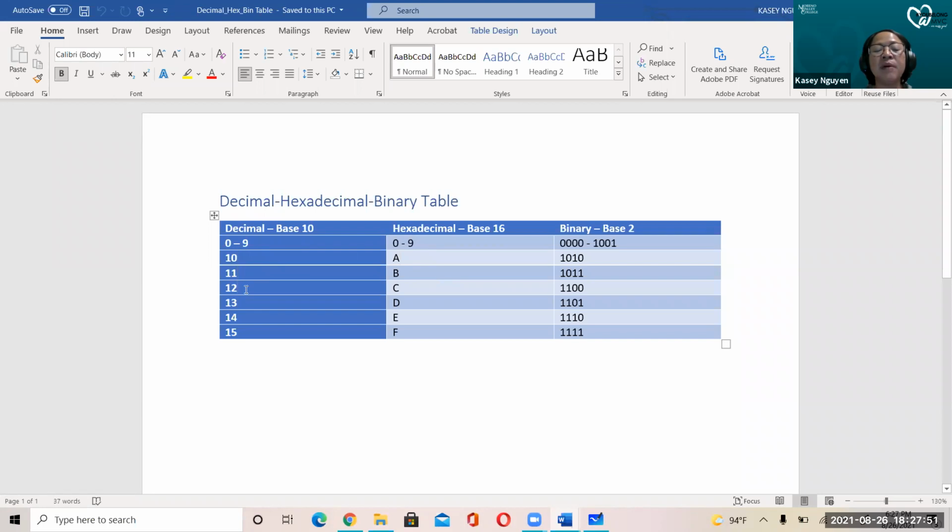C is going to be 12 in decimal, D is 13, E is 14, and F is 15. And that would conclude the entire number set for hexadecimal. There are 16 numbers, and that's it. Okay, so there's nothing beyond F. It's only 0 through 9, A, B, C, D, E, F. That's it.